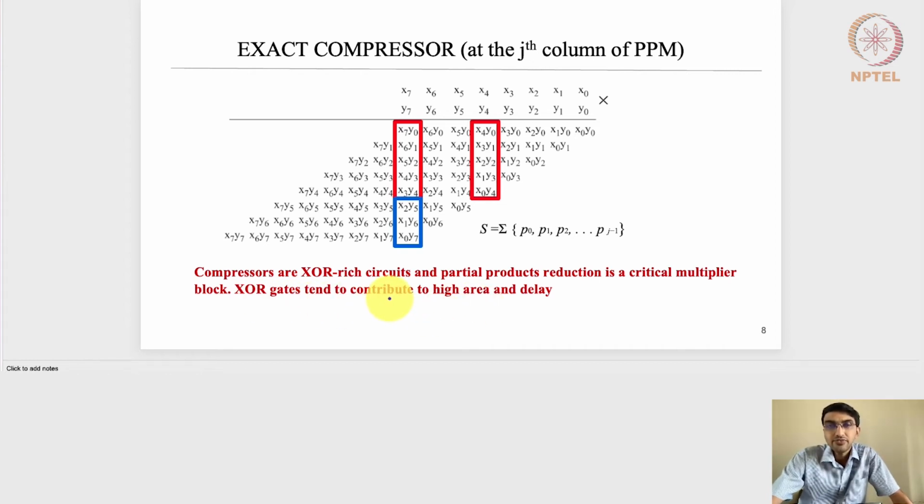So if I have some kind of approximate compressors, then it will be highly beneficial in terms of the footprint, the delay, and the power, and we can greatly benefit in all these 3 parameters. And of course, we will get inaccurate results, but for some applications, it may not have that much of an impact.